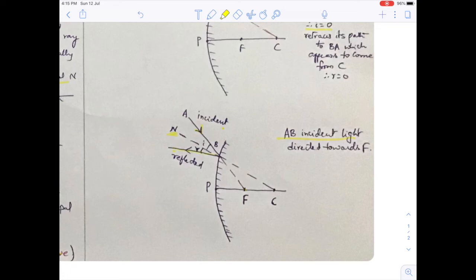So this is the reflected light. This is the angle of incidence, this is the angle of reflection. So AB is the incident light, and BD is the reflected light which is parallel to the principal axis.